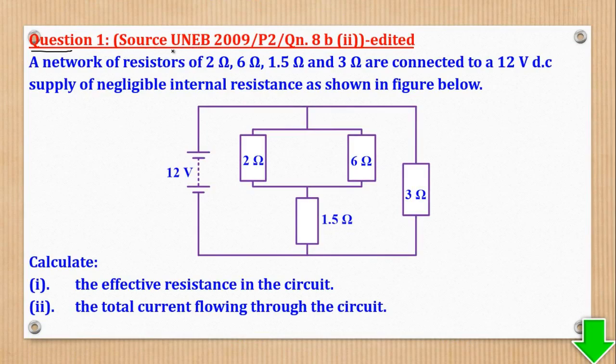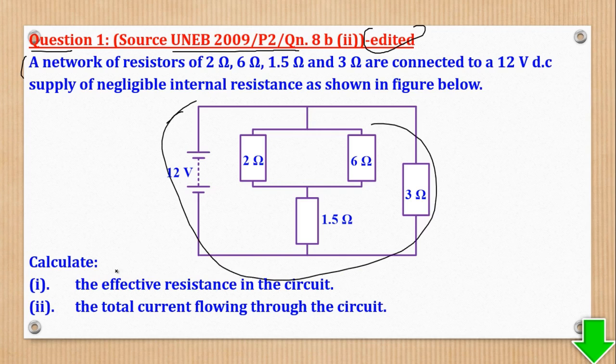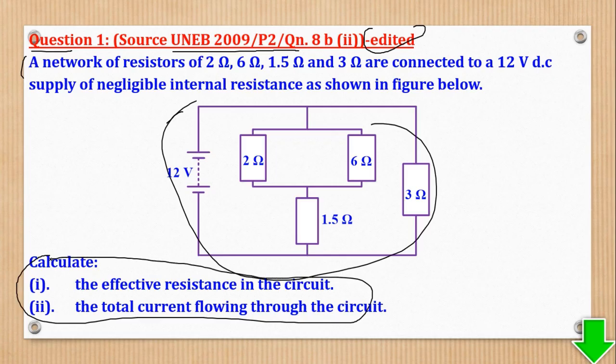So question 1 came from an edited part of UNEB 2009 paper 2 question 8b Roman 2. Now why am I putting the word edited? It is because this was the circuit in that question, but these are not the questions which were asked. So I modified these questions to suit what we have so far covered. So far, what we have learned is how to get the total resistance and also total current.